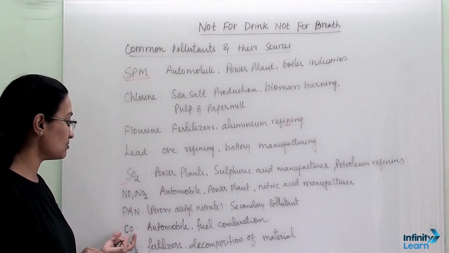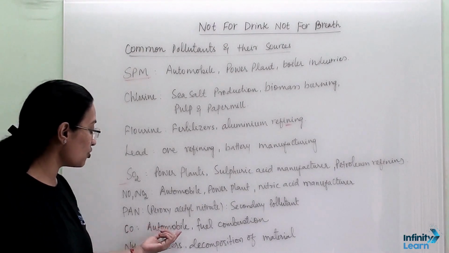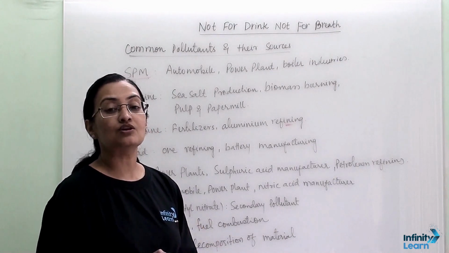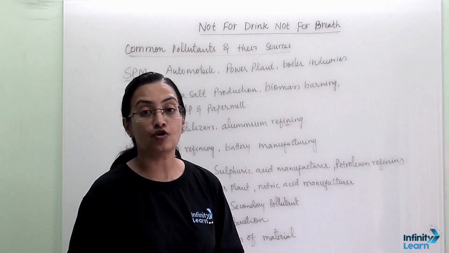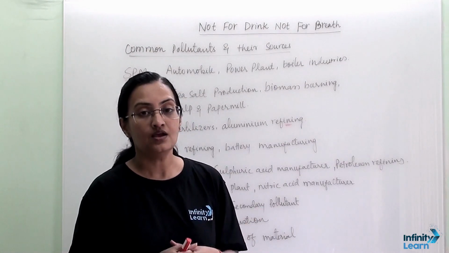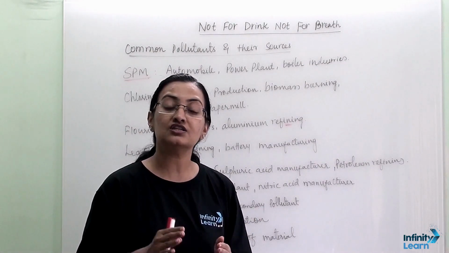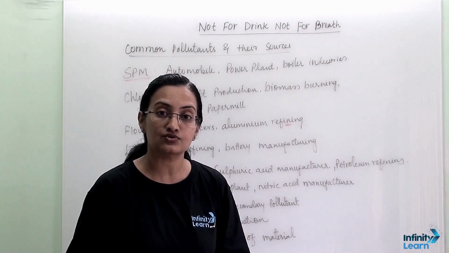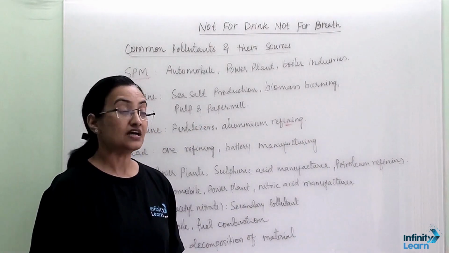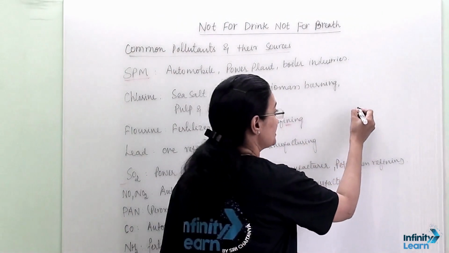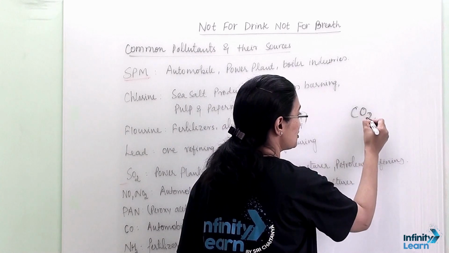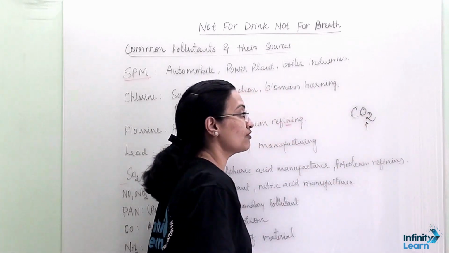Then comes carbon monoxide. It comes out from automobiles and incomplete fuel combustion. Now carbon monoxide is generated from combustion, meaning we are burning something in the air. When a sufficient amount of oxygen is not there in that burning process, it will not generate carbon dioxide. We know that when any burning happens, it generates carbon dioxide. The carbon dioxide formula is CO2, which has 2 atoms of oxygen.